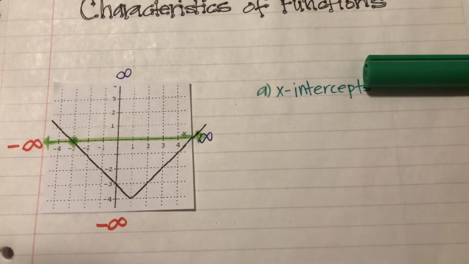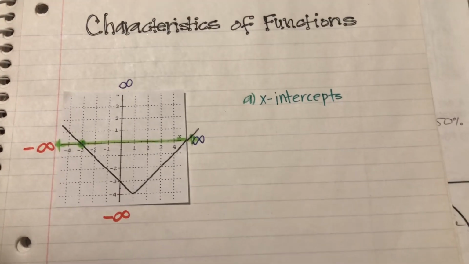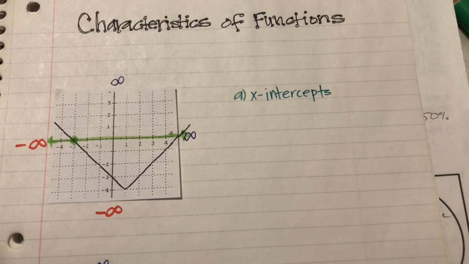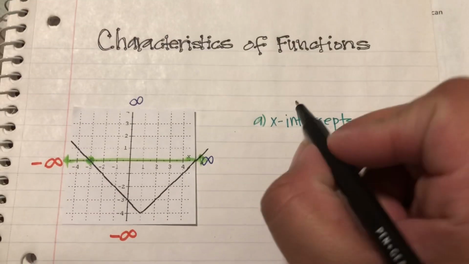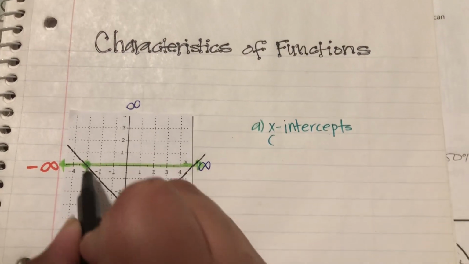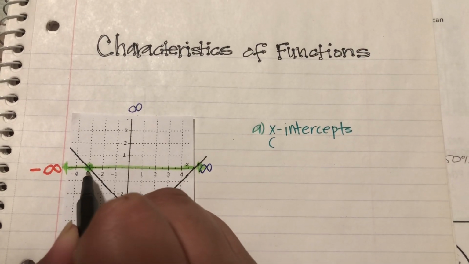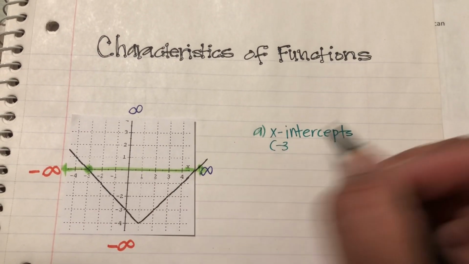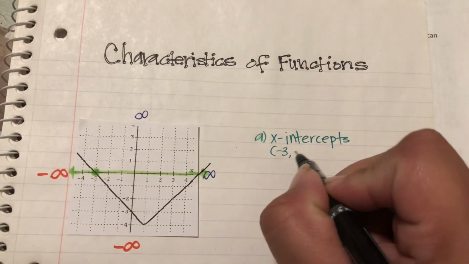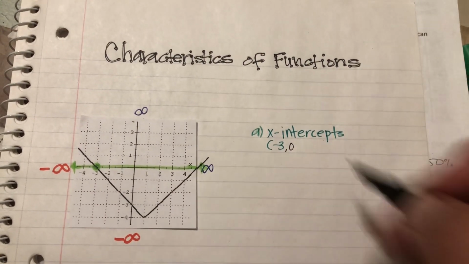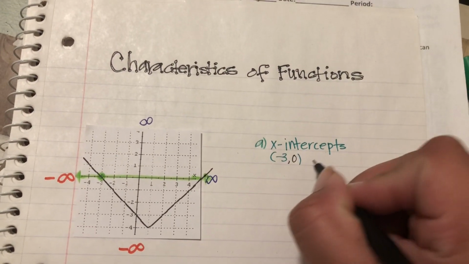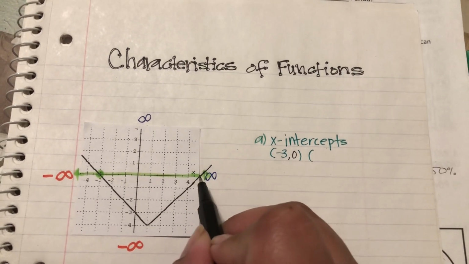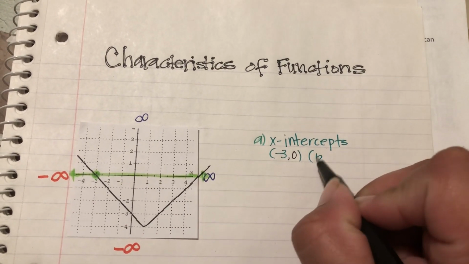Okay, so when we're talking about the x-intercepts, what I would write here is this first one, which is -3, 0. And I would do 5, 0.